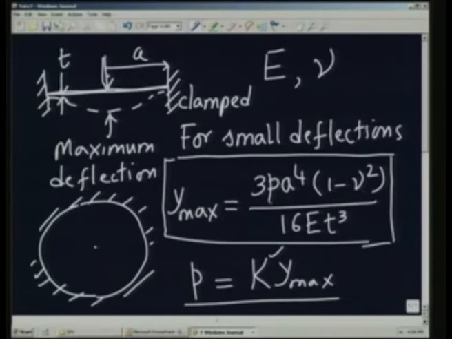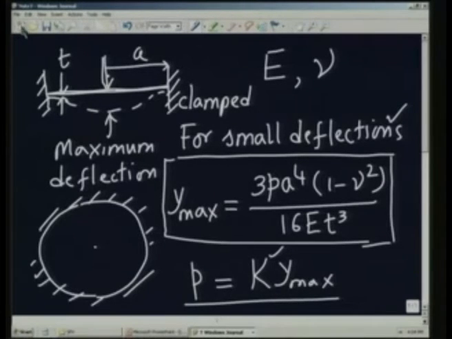A and T are the geometrical parameters, the radius and the thickness, and the Poisson ratio and the Young's modulus are the physical properties of the material. They combine together to determine the value of k. And this is a linear relationship under the assumption of small deflections that is going to hold good. Therefore, I can use this expression as long as the deflection is very small. So, let us remember that.